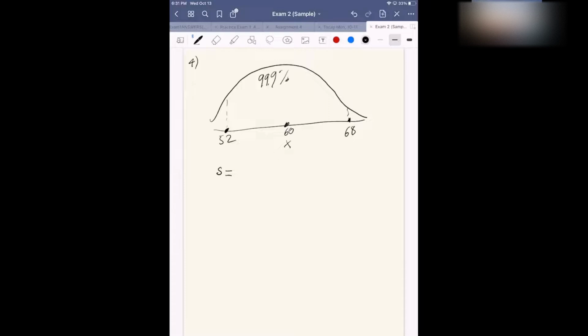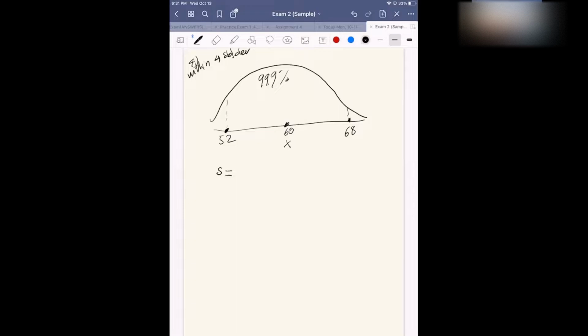This is the case where you have to go within 4 standard deviations, right?